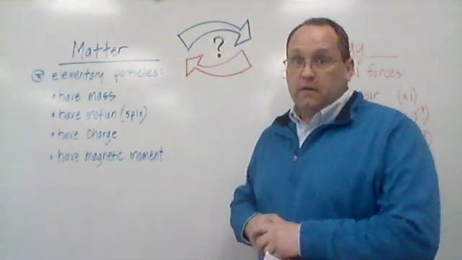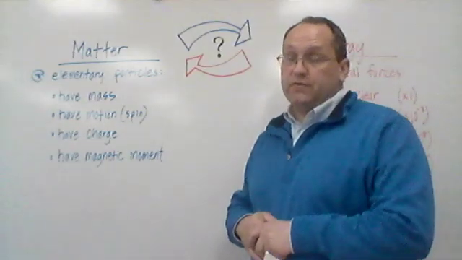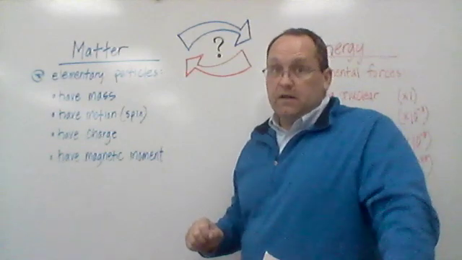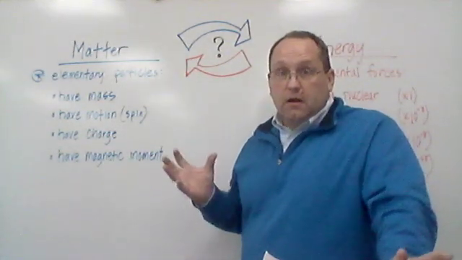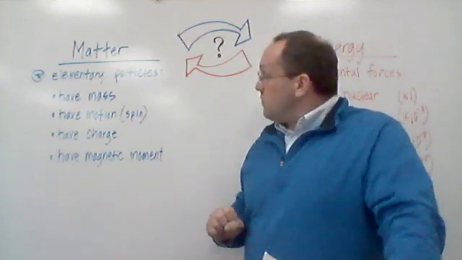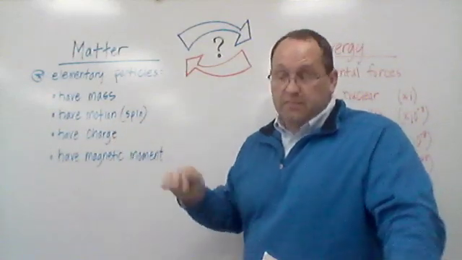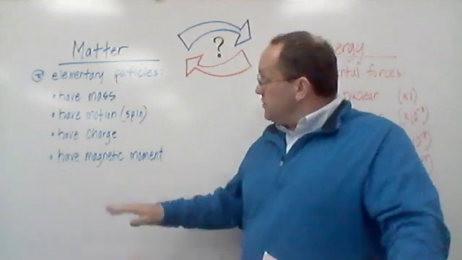A physical entity. They have a motion. In the elementary sense, for subatomic particles, they call that the spin, and that particle is continuously in motion. They have a charge, and that's what we're going to be getting into in this chapter: an electric charge.